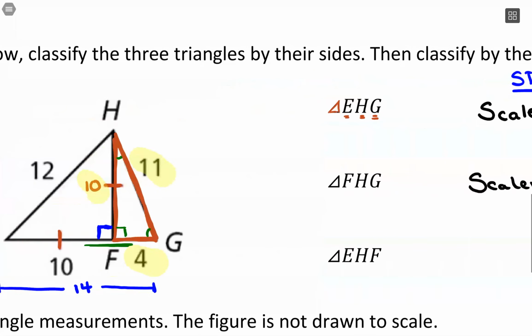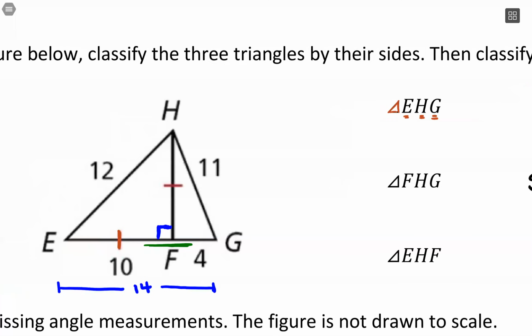All right, and then our last one is EHF, coming through right here. With EHF, in terms of side lengths, we have 10, 10, and 12.